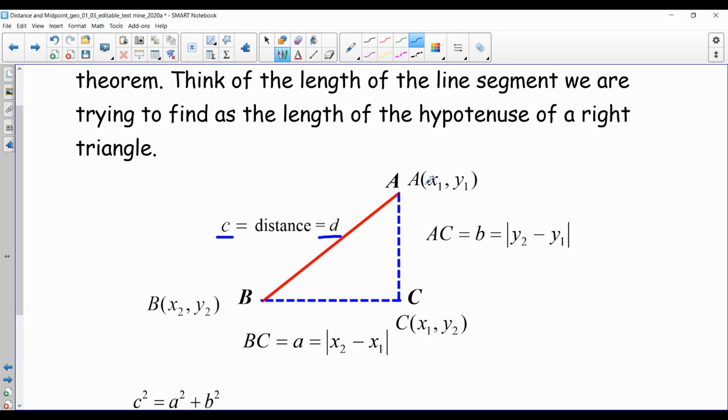Point A is at some point x, y. Remember, in the coordinate plane, everything is some number, 3, 4, wherever it might be. But right here, A is at some arbitrary point x1, y1. Now, these subscripts, the ones underneath, are just placeholders.